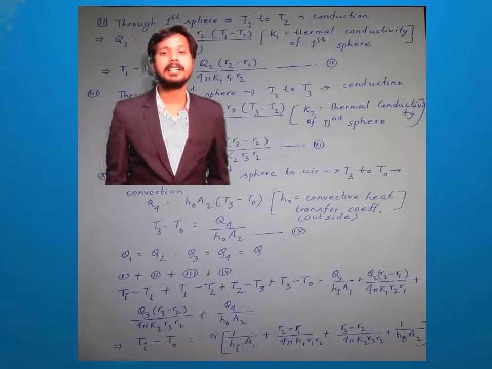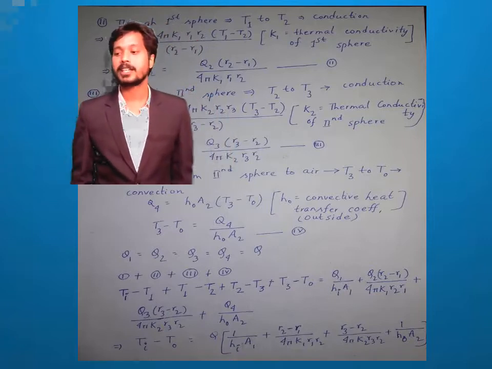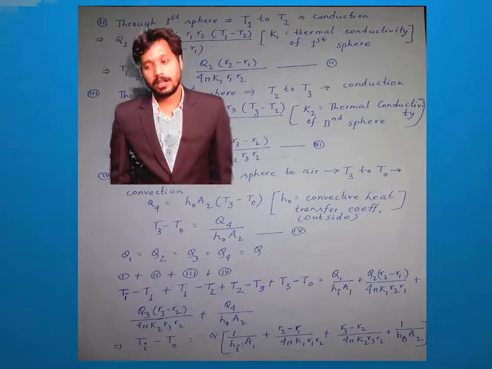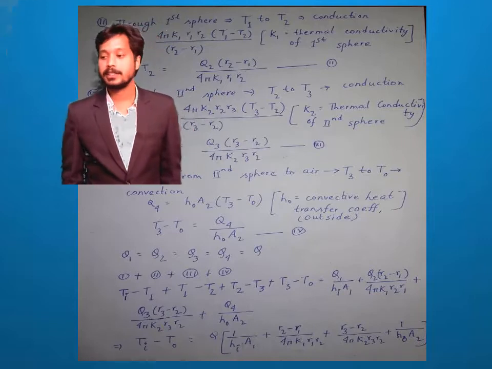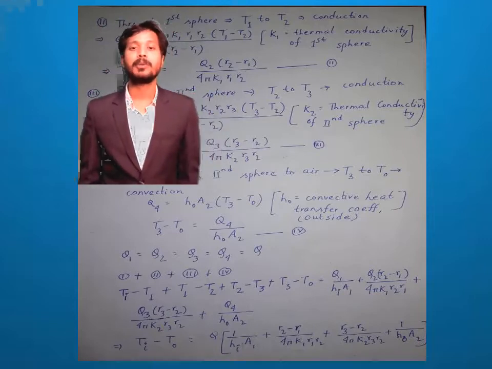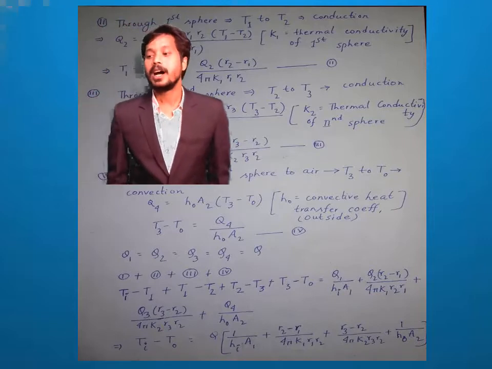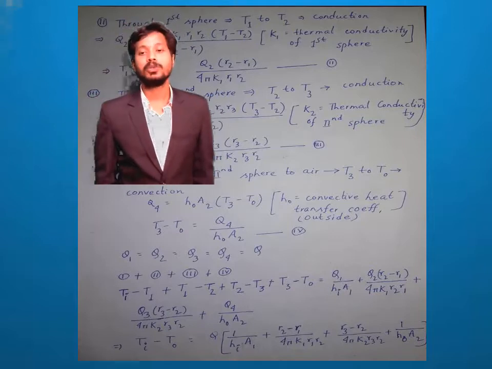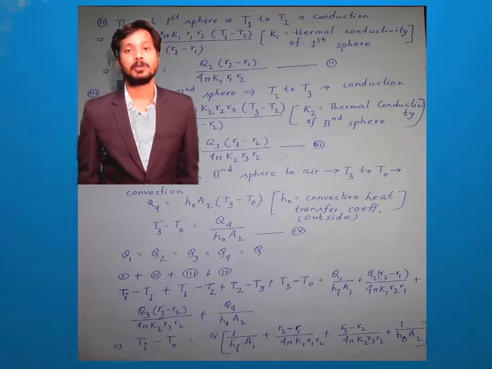So we can write Ti minus T naught equals Q, taking it common, times [1 by Hi A1 plus (R2 minus R1) by 4 pi K1 R1 R2 plus (R3 minus R2) by 4 pi K2 R3 R2 plus 1 by H naught A2].